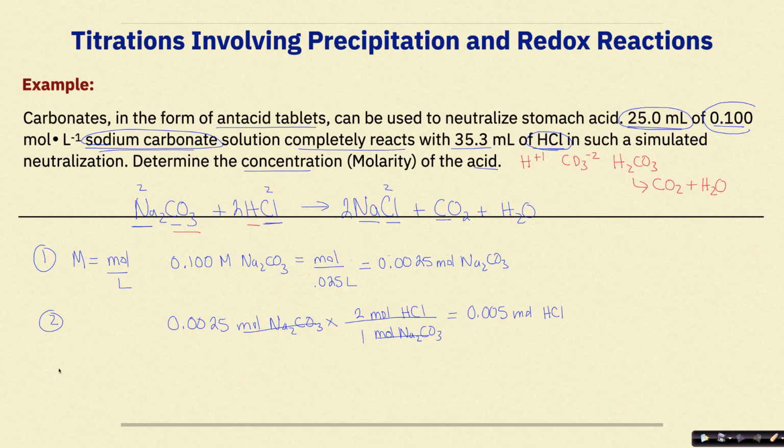So, which is fantastic because now I can do step number 3, which is using the molarity formula again. Molarity is equal to moles over liters. And I want the molarity of my acid.